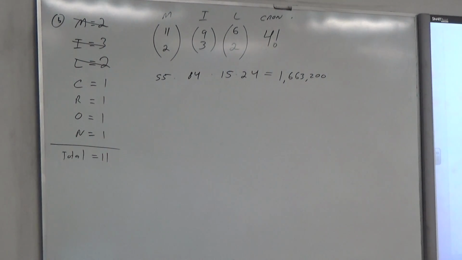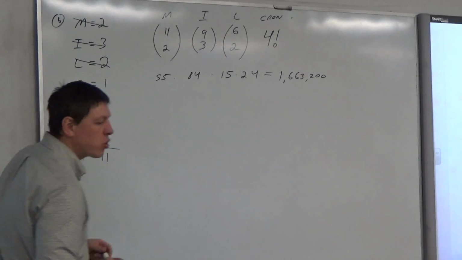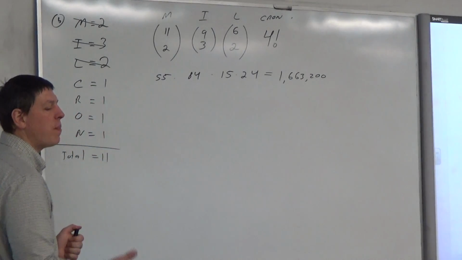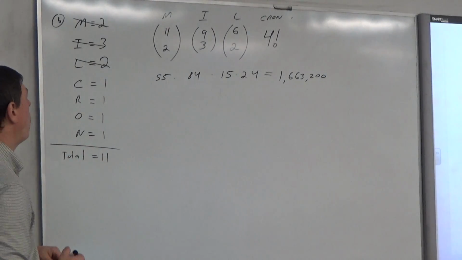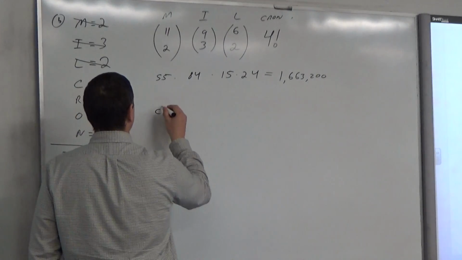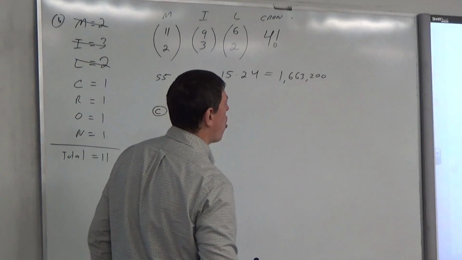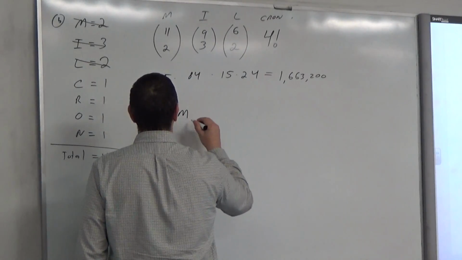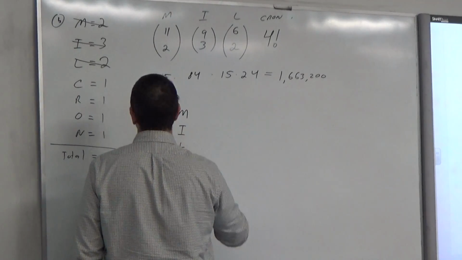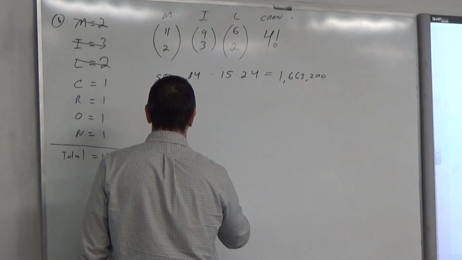Other questions, guys? Okay, so the next one is basically the same problem, except this time we're limiting the positions. For part C, it's still the word millimicron, except the first letter must be an M. So we still have an M, we still have I's, we still have L's, and then we have CRON.